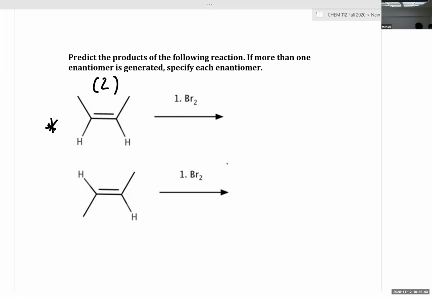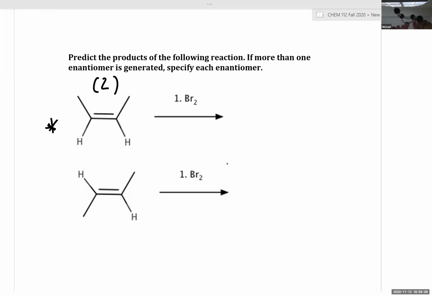Okay, can everyone see my screen okay? Okay, so initially for our alkene, we have both of our carbon atoms on the same side of our alkene. Now, the bromine can attack from either the top or the bottom face. It doesn't matter.